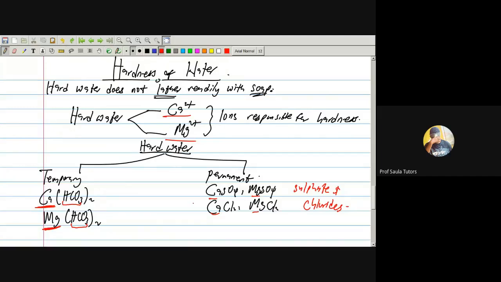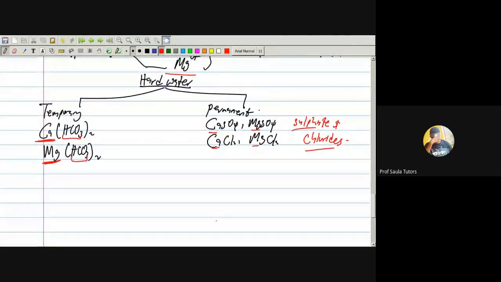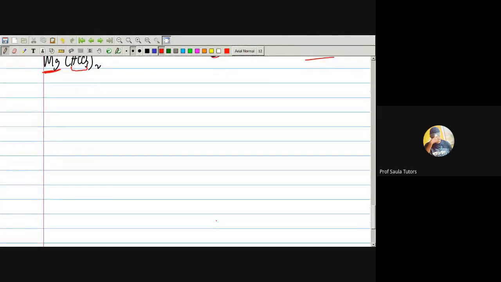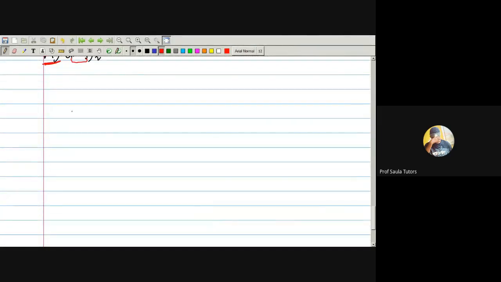Permanent hard water is calcium and magnesium in the form of sulfate and chloride. That's calcium sulfate, magnesium sulfate, calcium chloride, magnesium chloride. Good.